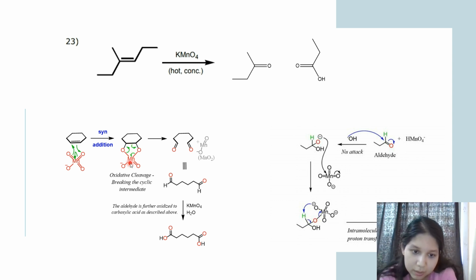So in the course of the reaction, oxidative cleavage happens. It is breaking of the cyclic intermediate, and electron pairs get moved in such a way that this carbon-carbon bond gets broken. Let us see how.